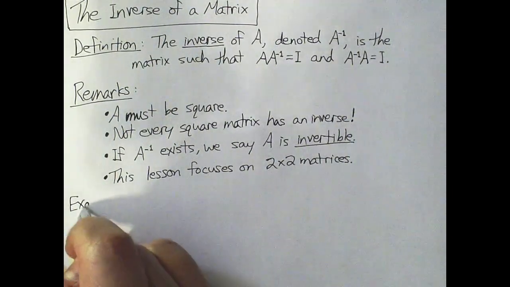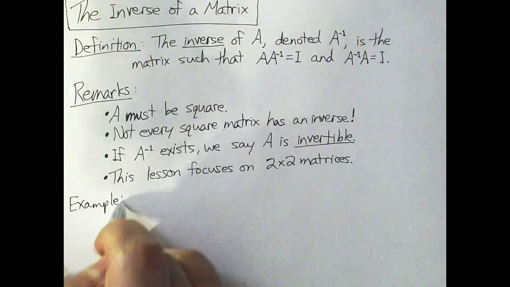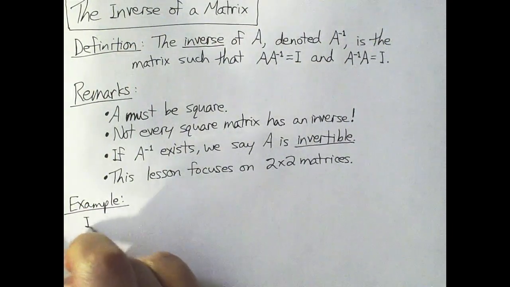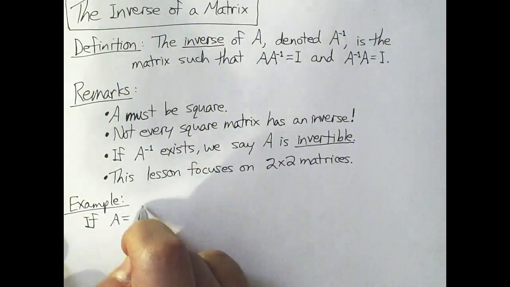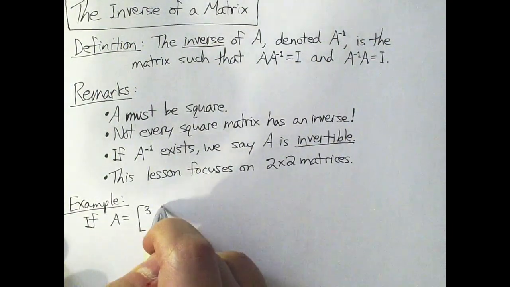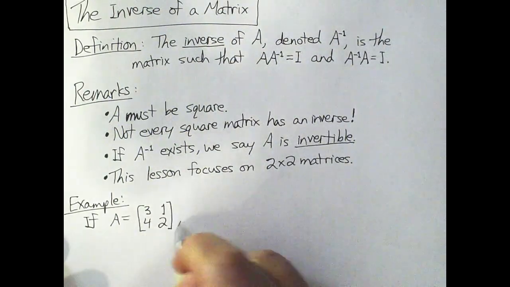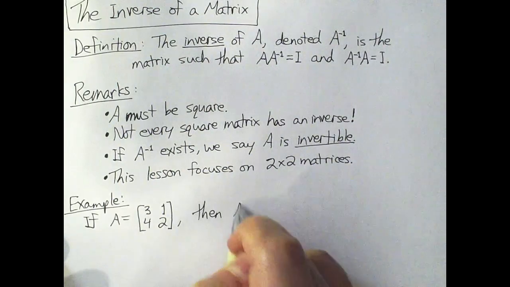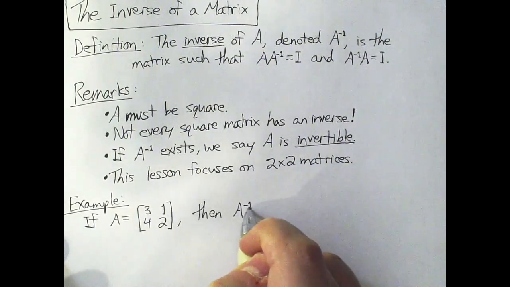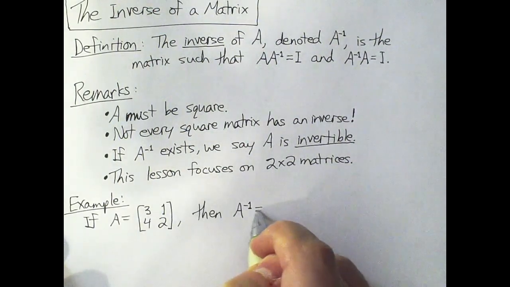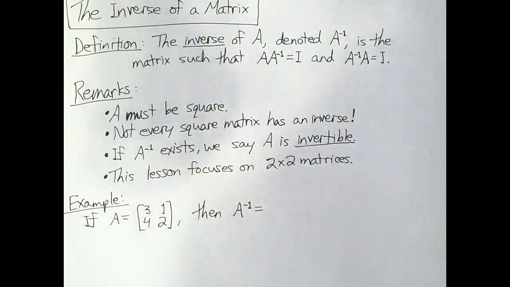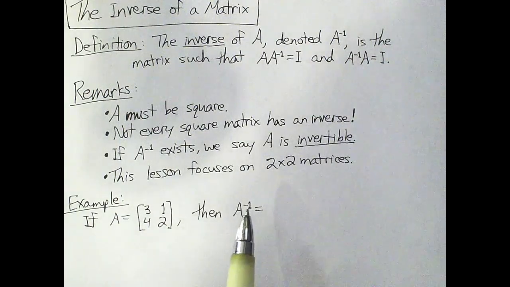So, example, if A equals this matrix 3, 1, 4, 2, then A inverse, by the way, I didn't put this on my list of remarks, but I should acknowledge one thing. This is not an exponent.